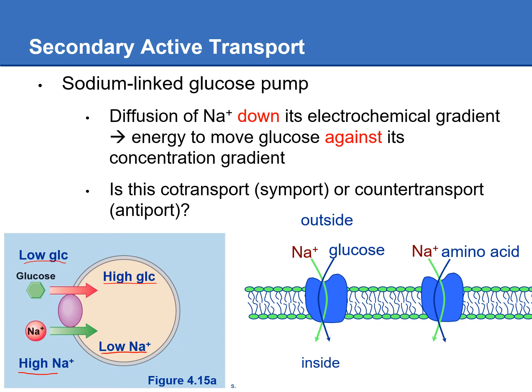So if you've got one going down the gradient, one going up the gradient, then we know this is secondary active transport. And then we can assign the name, is it symport or antiport, by looking if both things are moving into the cell or if we have one moving in or out. And then if we look at our little animation here, you can see the sodium and the glucose are both moving into the cell. So this will be an example of cotransport or symport.